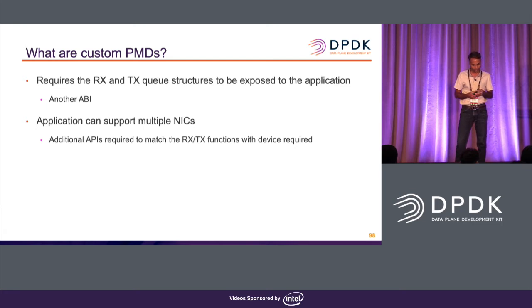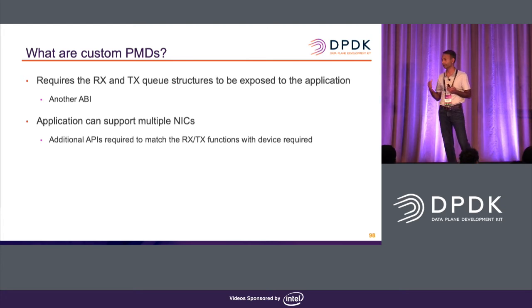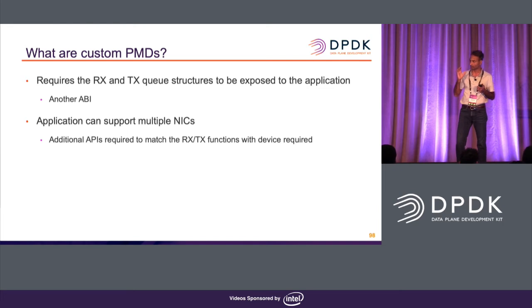So now, if the application wants to support multiple NICs, then there needs to be infrastructure and APIs provided for the application to query what kind of device it is, so that it can match the right RX and TX functions for that NIC. So yes, that's additional APIs.